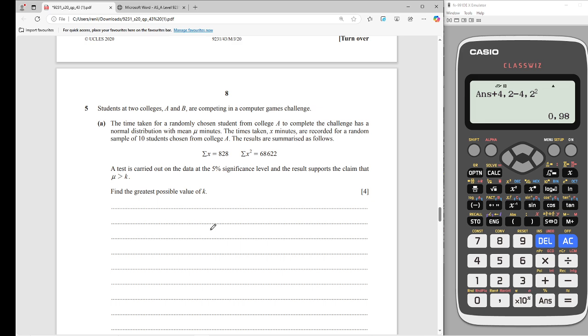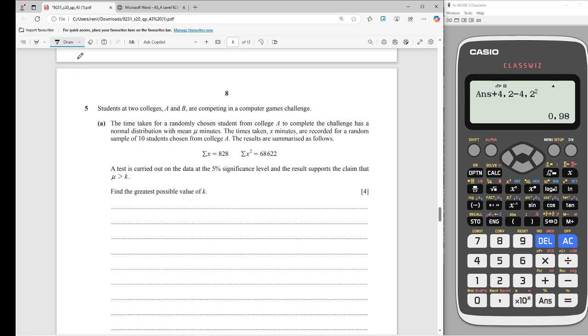The total sum is 828, the total of the values when you square them is equal to 68622. The test is carried out with 5% significance level and supports the claim that mu is greater than k. Find the greatest possible value of k.